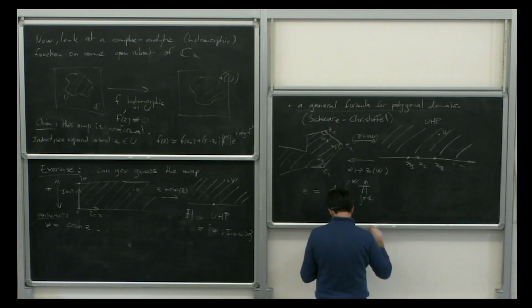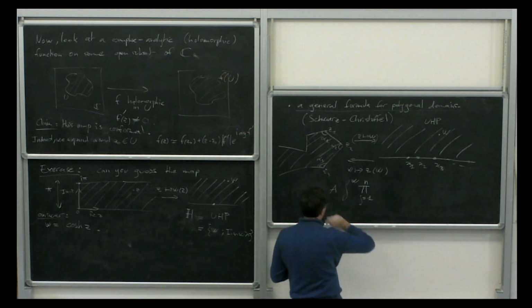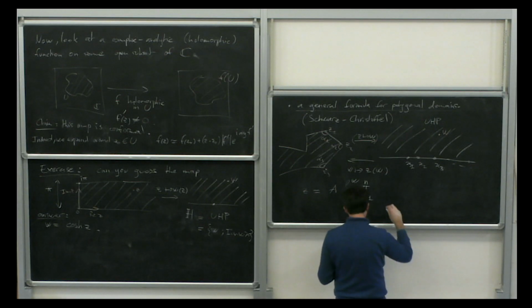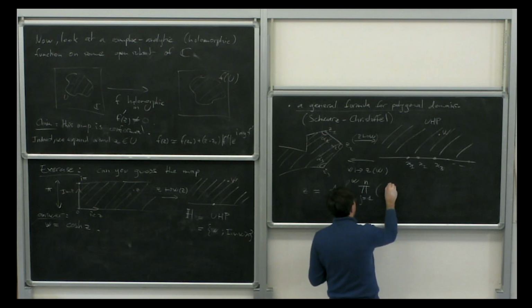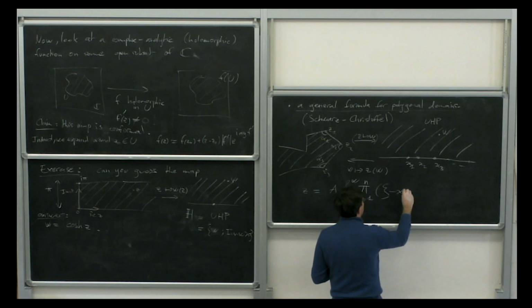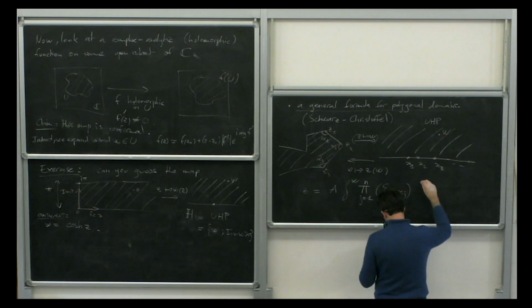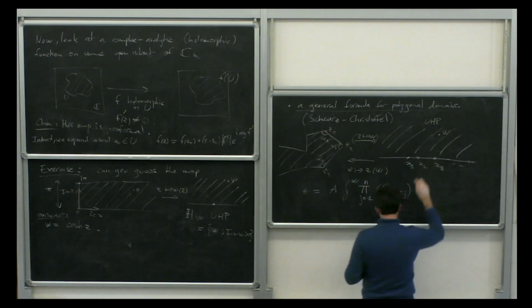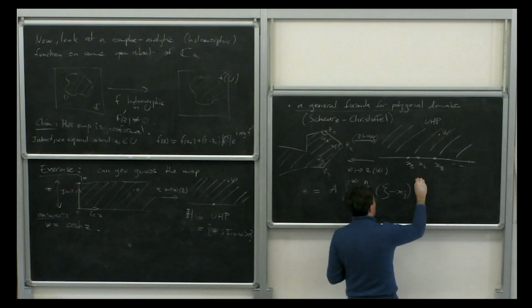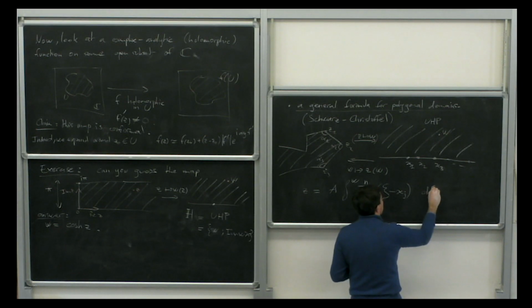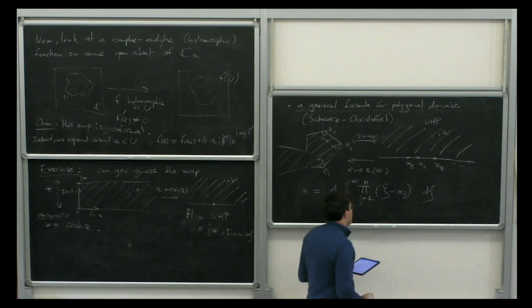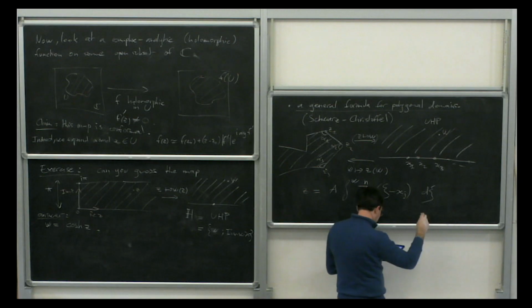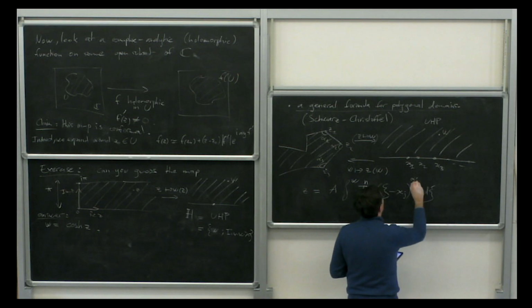It's the product over all the points at which you have an angle, a corner, of zeta minus xj, where zeta is a point here. Integrate, so it's a primitive function of this, with some exponent that's given by alpha j over pi minus 1.